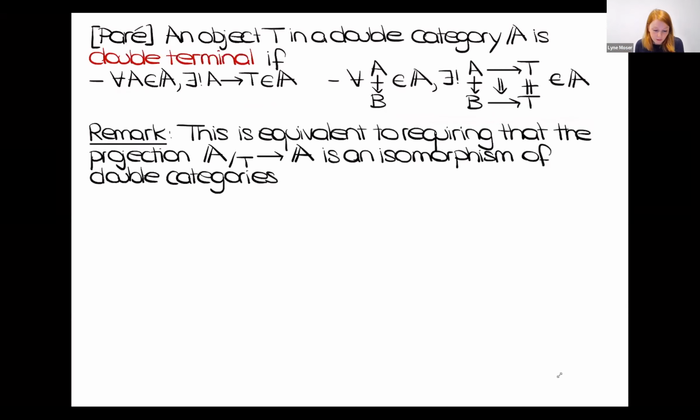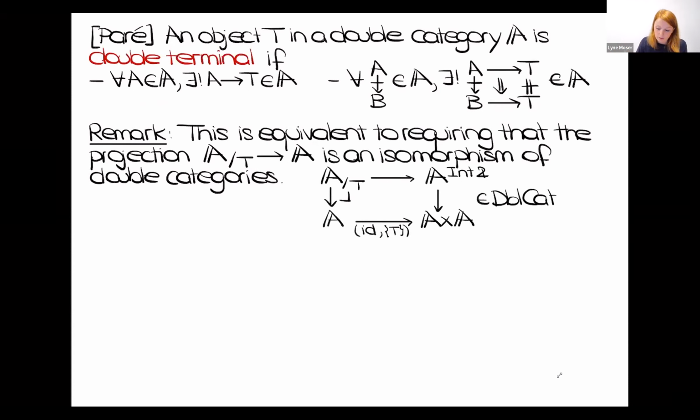And just a remark again, we can also formulate this via an isomorphism from the slice over T to A. So where this slice is defined again as a certain pullback, where here we put the horizontal slice.